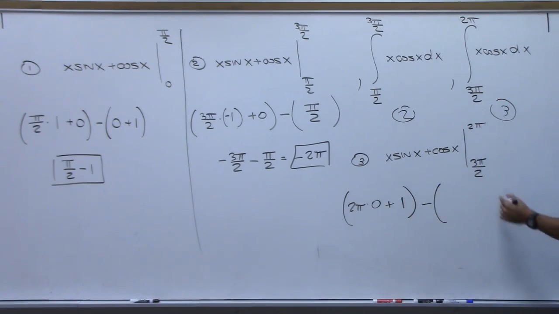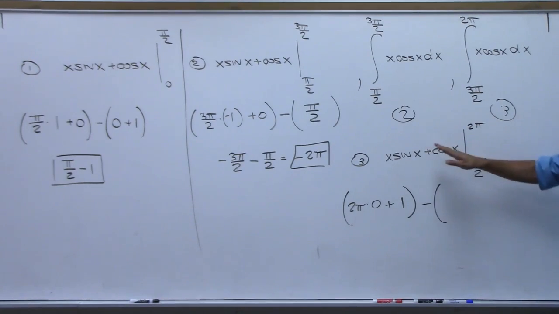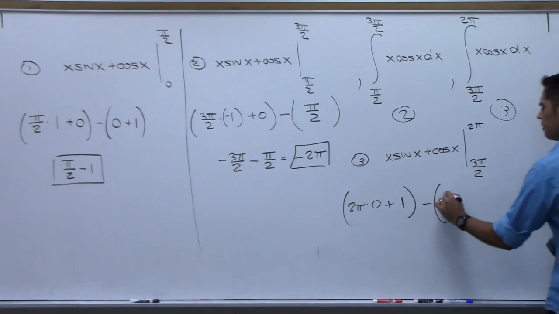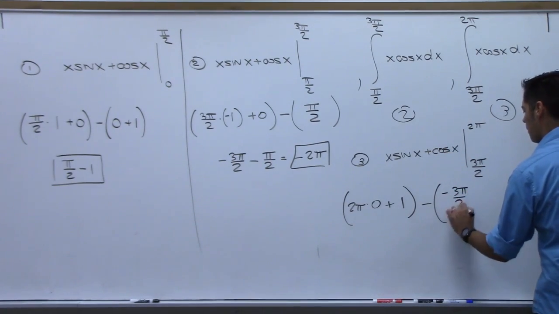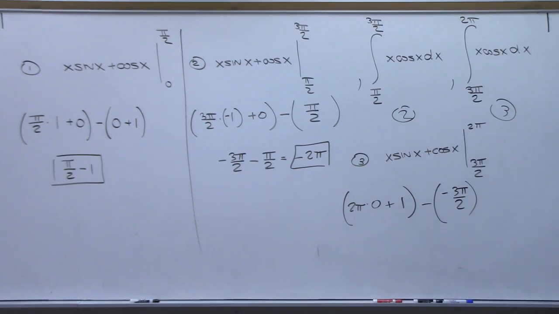Minus, now plug in 3 pi over 2, which we just did. What did we get when we plugged 3 pi over 2 in? We got negative 3 pi over 2. So what is that? 2 pi and 0 is gone, right? So that's 1 plus 3 pi over 2.